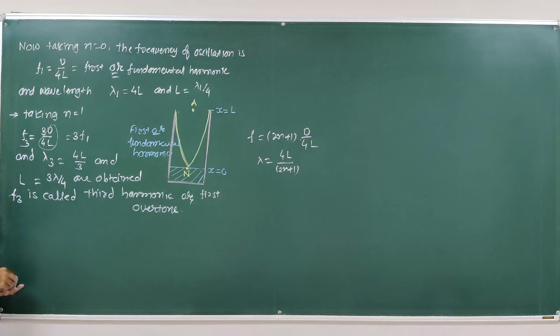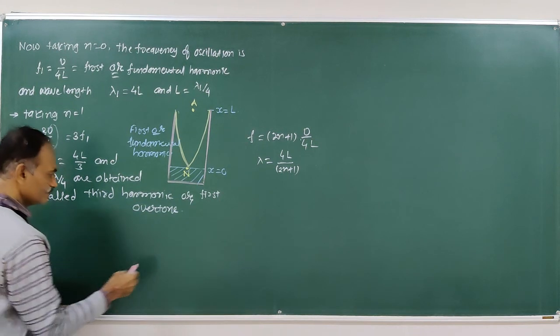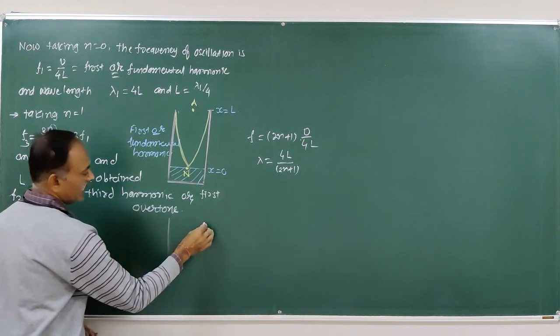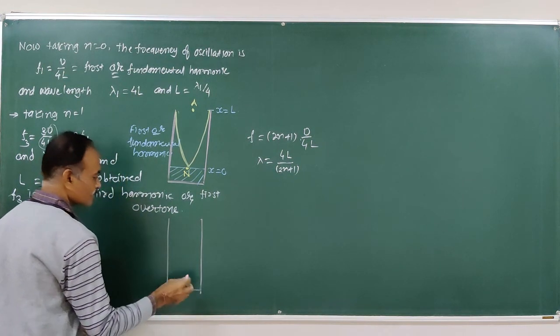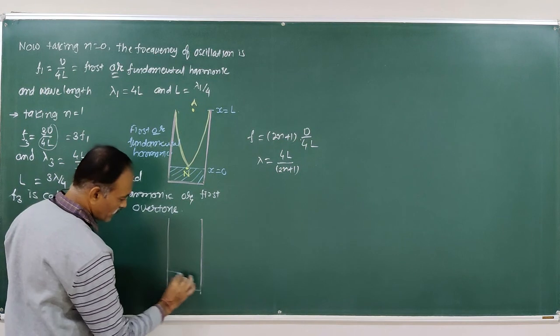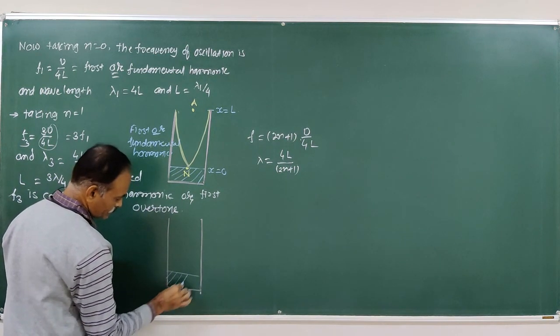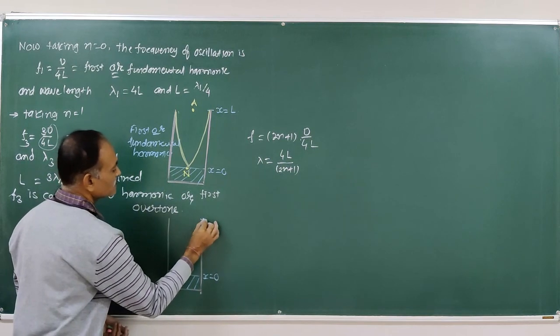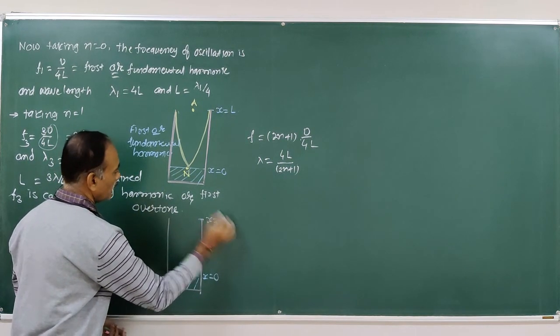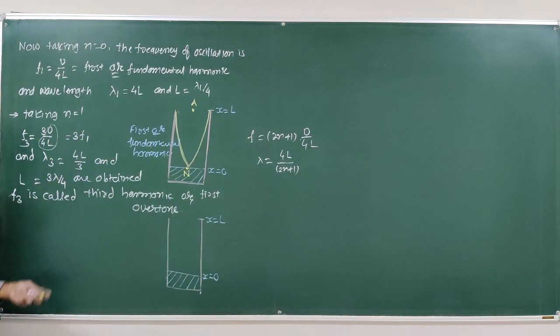Therefore, the figure is like this. L is the length of a tube partially filled with water. There is x equal to 0, and this point is x equal to L. So here in length L, 3 by 4 of a wavelength is formed.